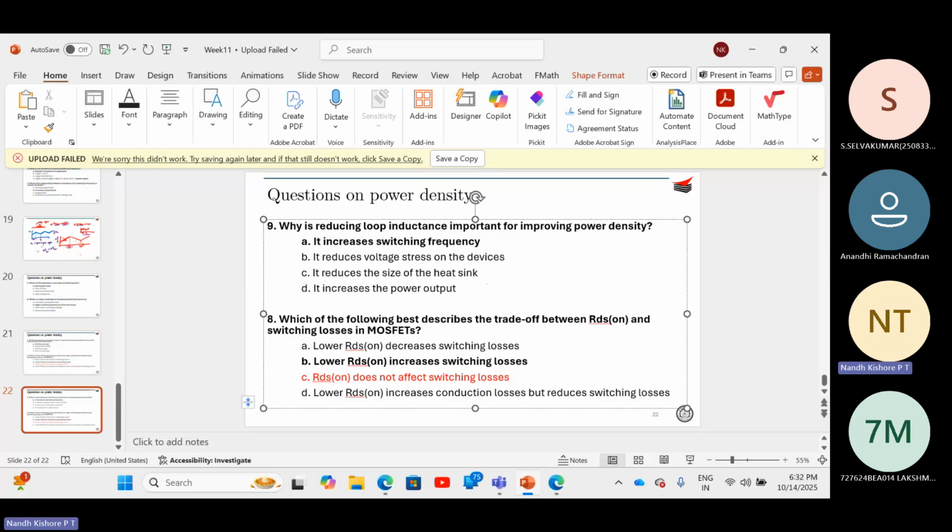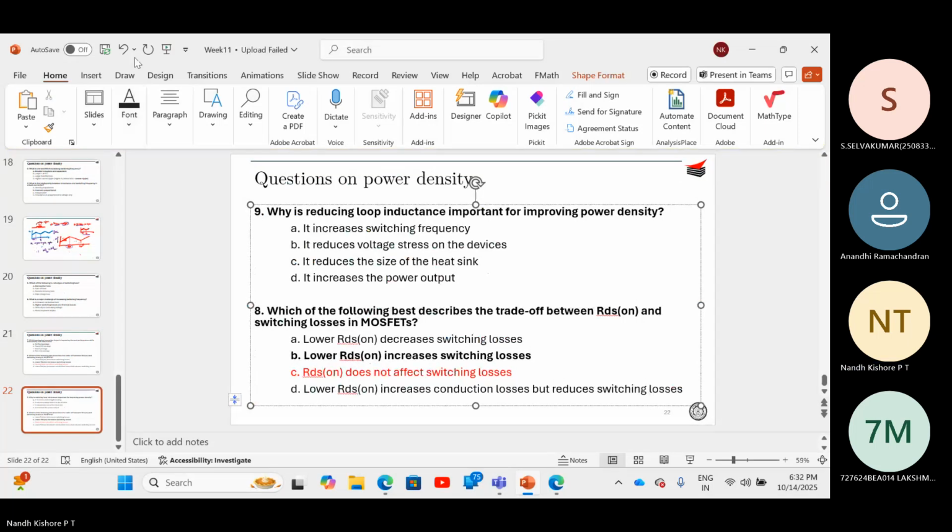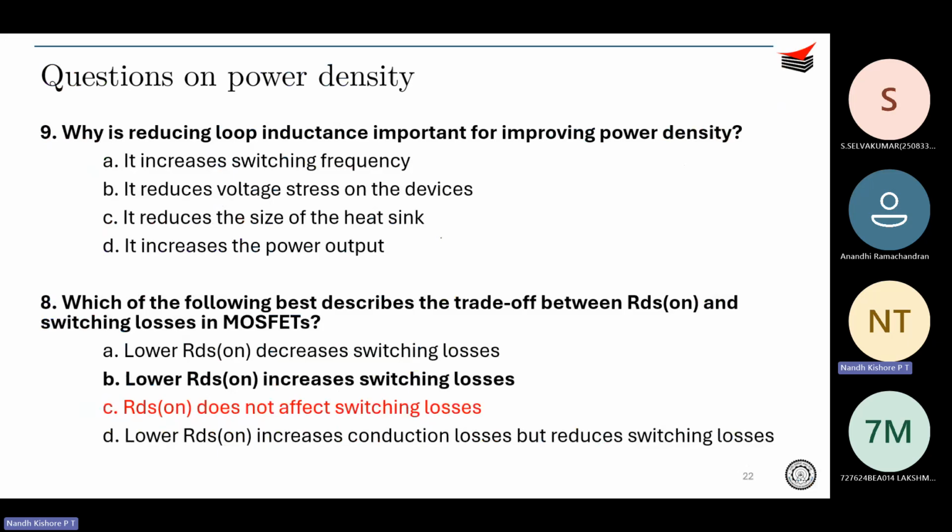Yeah. So can you tell which is the answer for this question? Why is reducing loop inductance important for improving power density? If you reduce loop inductance, what will happen? Would it increase the switching frequency?